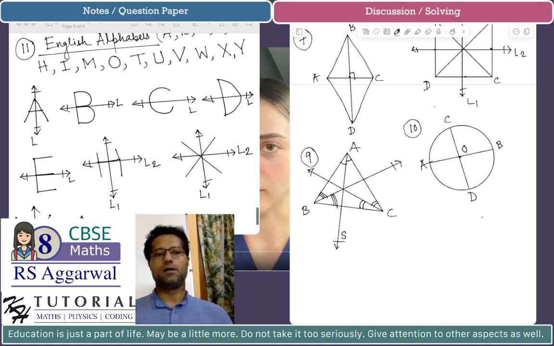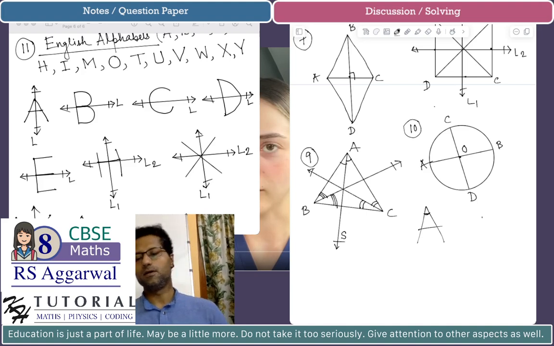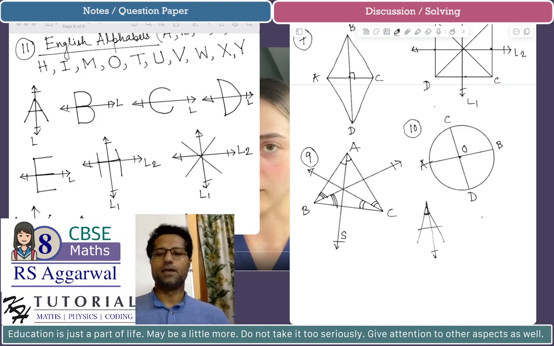If this is A, if you bisect this angle, the bisector of this angle will be somewhat like this. This line will be the line of symmetry for the letter A. For B, the line of symmetry will be the horizontal line.